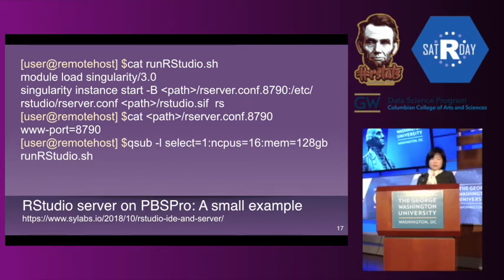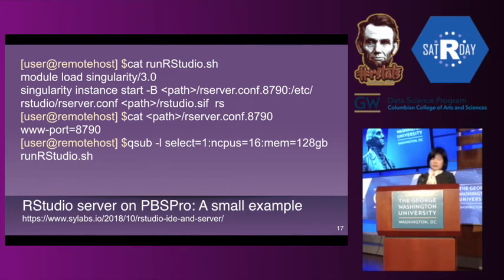My script only has 2 lines. The first line is to just load the module so that the Singularity binary is in your path. And then you start a Singularity instance. You give it the Singularity image file name, which in this case is rstudio.zip. And then it tells the machine that I want to call this instance RS.